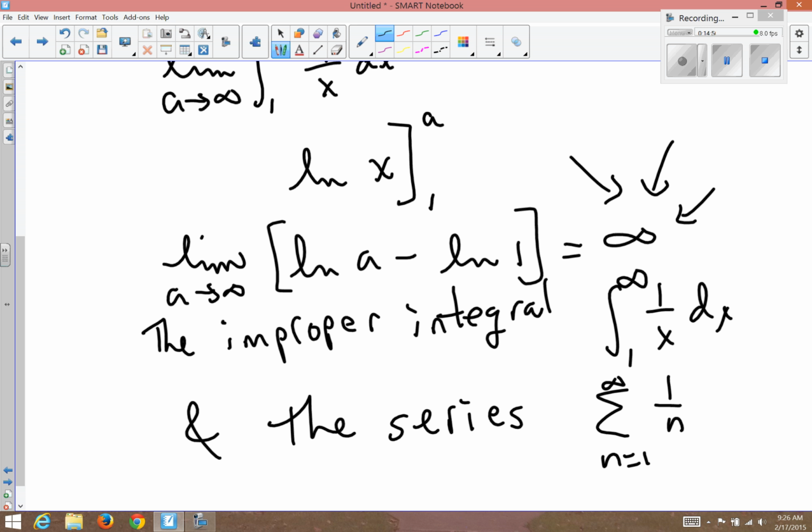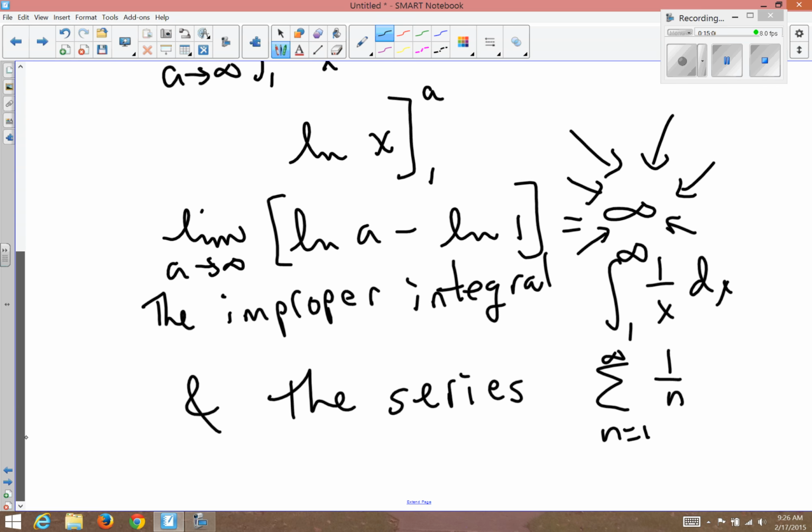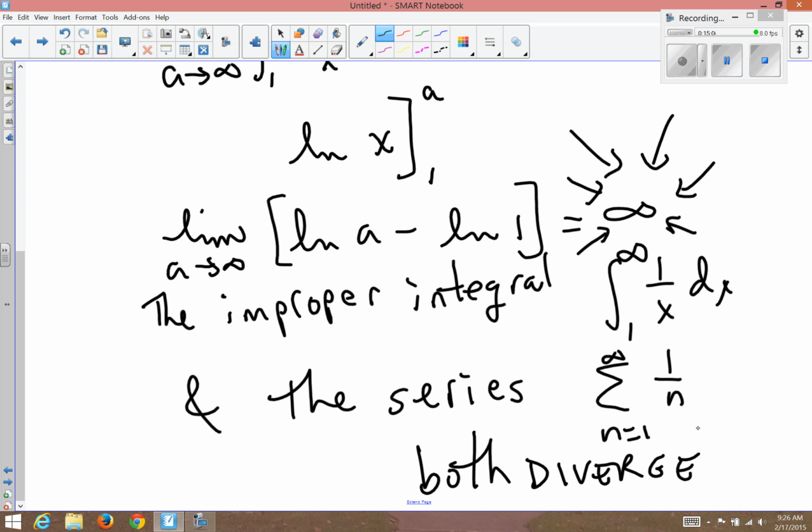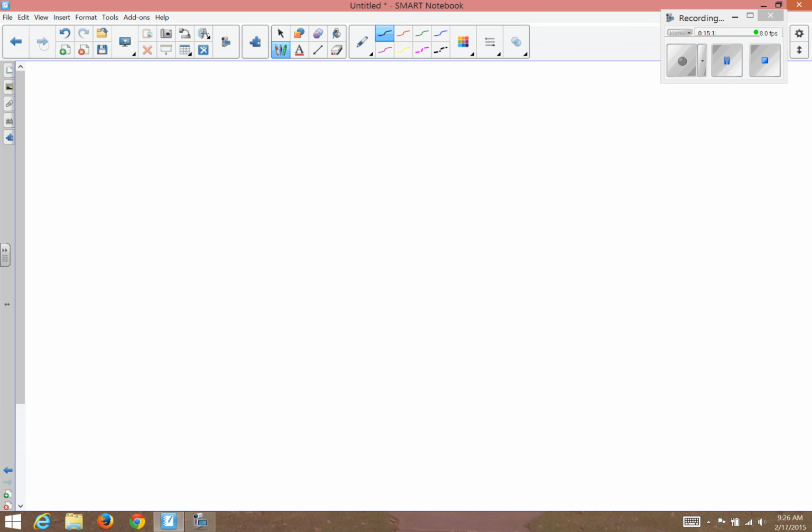Either the improper integral and the series both converge or they both diverge. In this case, they both must diverge. I'm going to do two more examples of the integral test.